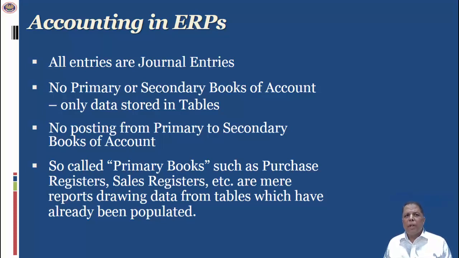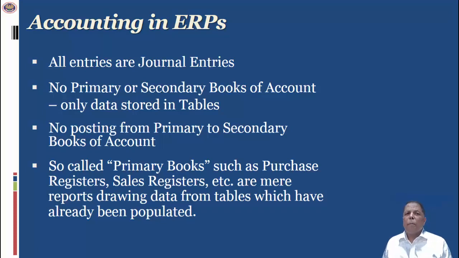There are no primary or secondary books of account. Data is only stored in tables. Once there is a screen layout, you pick up a debit figure, a credit figure and an account, and once you post, the entries flow directly into those tables and the tables are populated. So there is no posting from primary to secondary books of account.